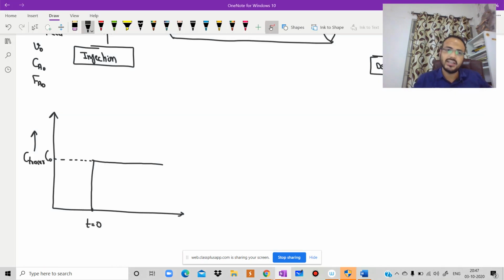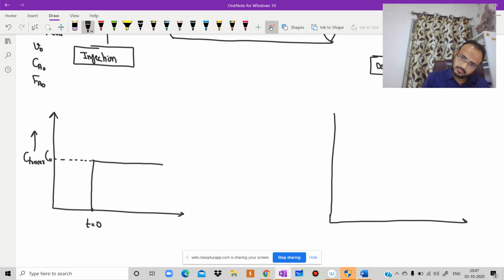Very good. Now second thing, we need to analyze the output. Now we are going to introduce the step. This is time t.